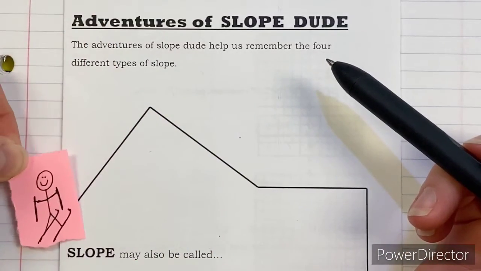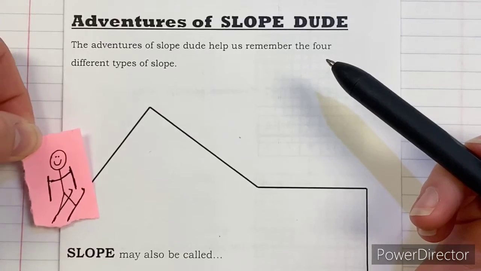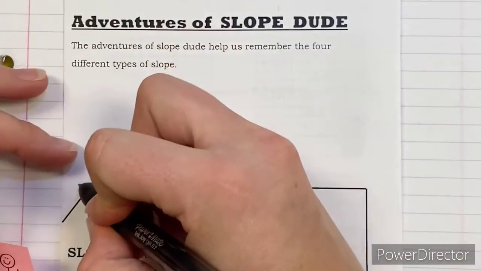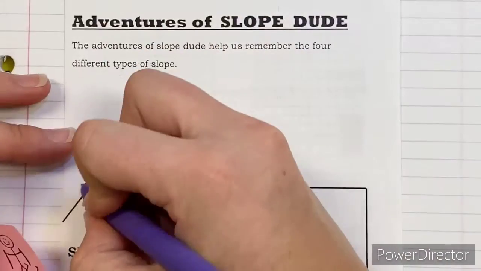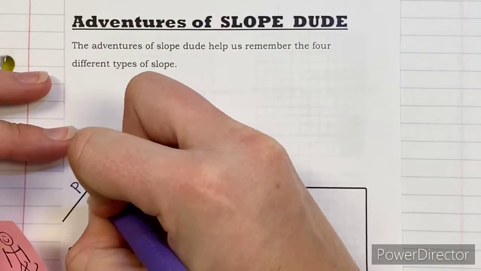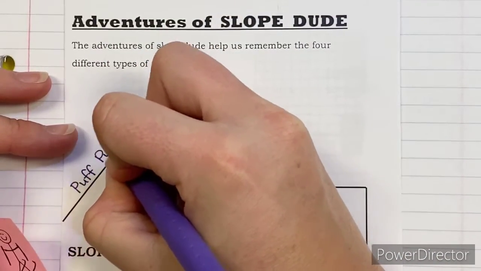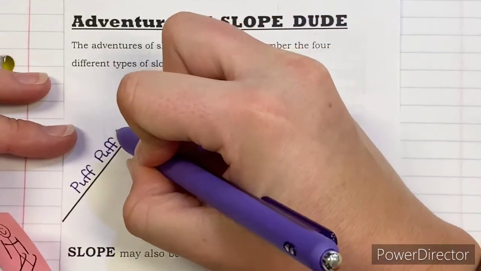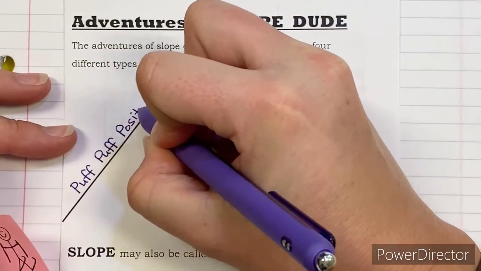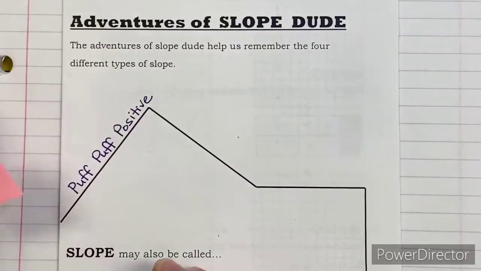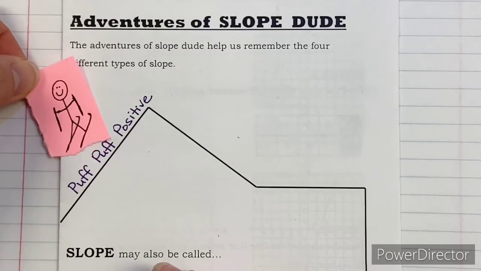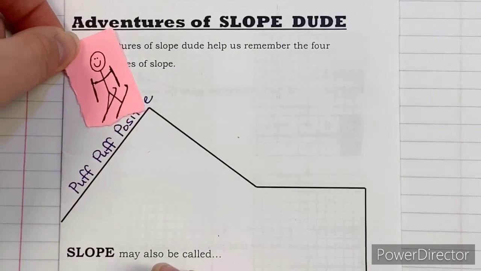When he goes up the slope, skiing up the mountain, he would say, puff, puff, positive. Going up the mountain, it's hard work, so he says puff, puff, positive.